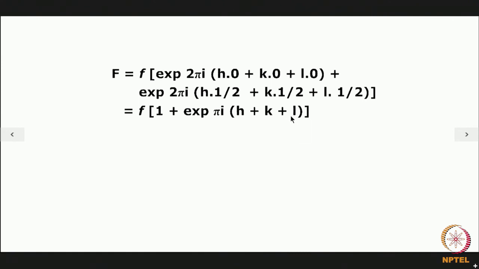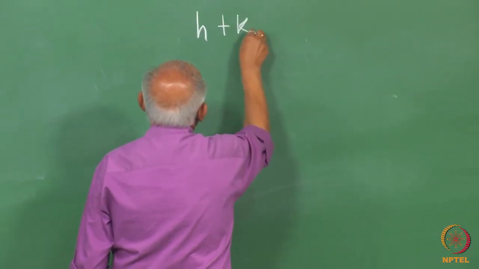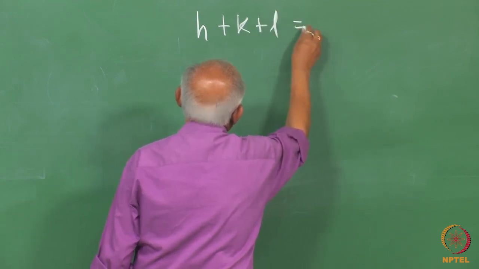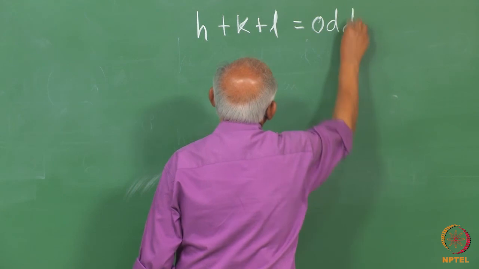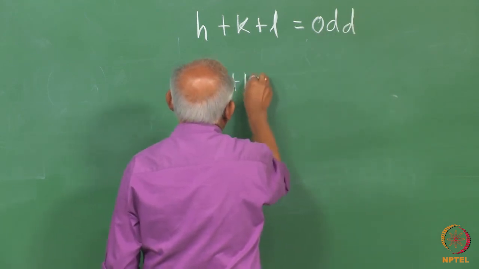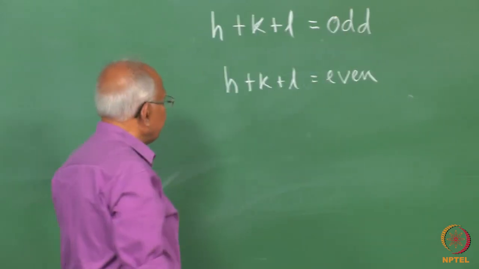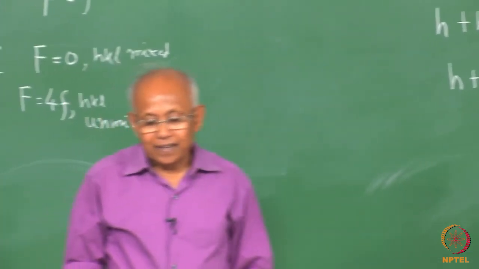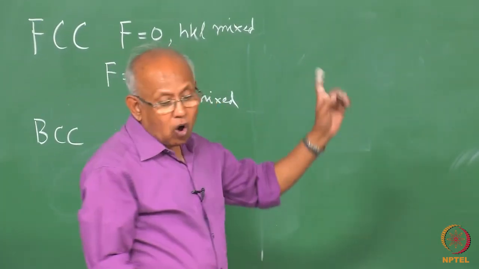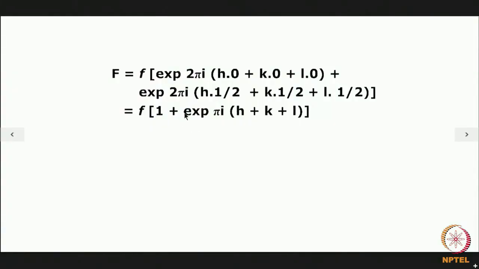Now, here again we can have 2 different possibilities. If h plus k plus l is odd, that is one possibility; h plus k plus l is even, that is the other possibility. Now, if h plus k plus l is odd, then exponential pi i into (h plus k plus l) has the value minus 1, and when h plus k plus l is even, the value of this quantity will be plus 1.